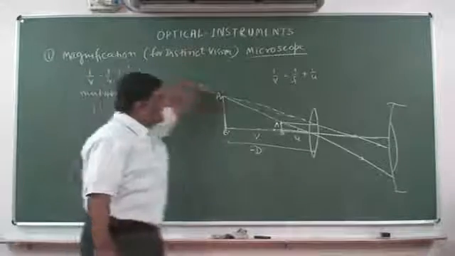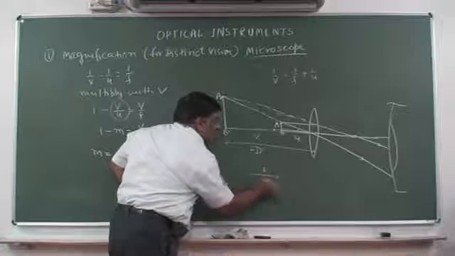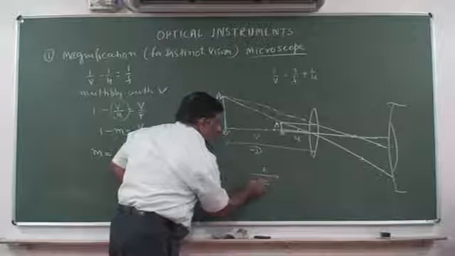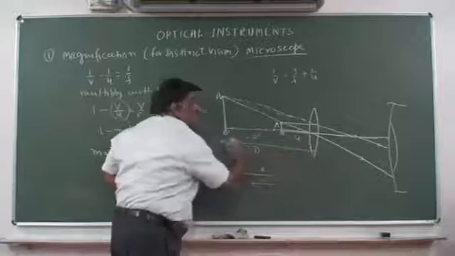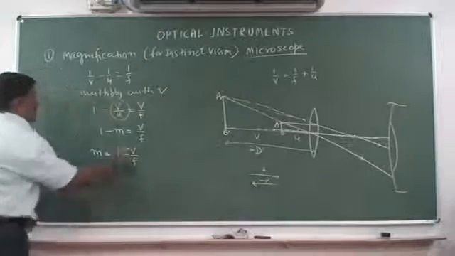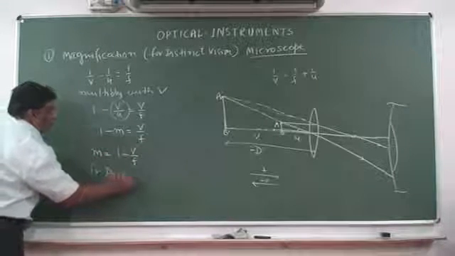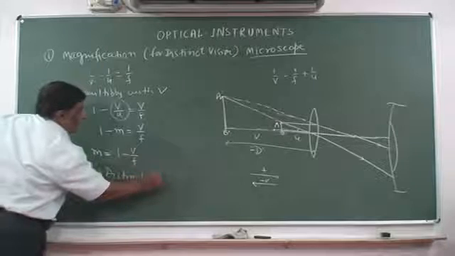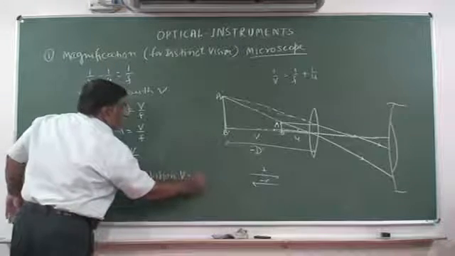You understand? The rays are coming from this side. So, this direction is positive and this direction is negative. And from the optical center, this D is on this side. So, therefore, it is minus D. For distinct vision, V is equal to minus D.